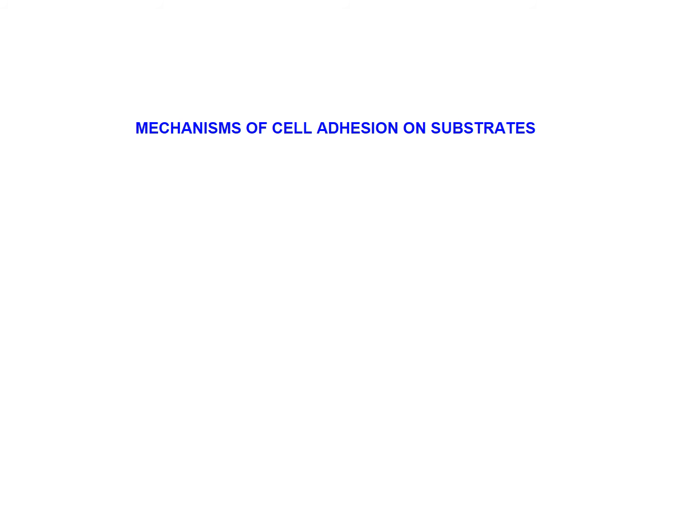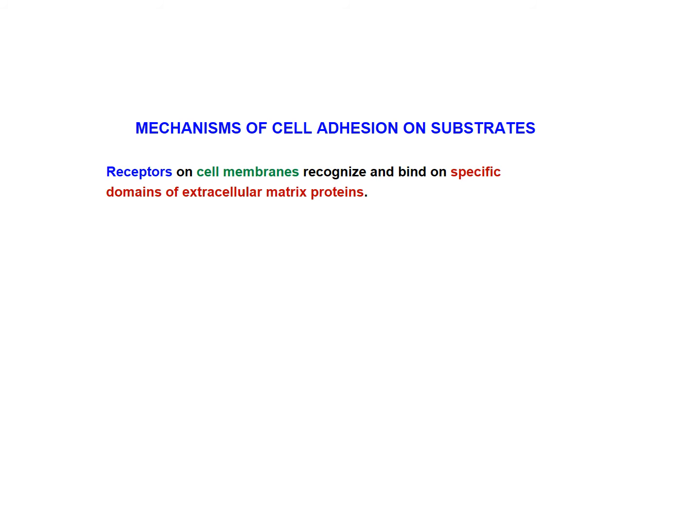What has been established, and it's well known now, is the following aspect of the mechanism of cell adhesion on substrates. Specifically, there are so-called receptors, which are proteins on the cell membranes, which recognize and bind on specific domains, areas, regions, epitopes of the extracellular matrix proteins.